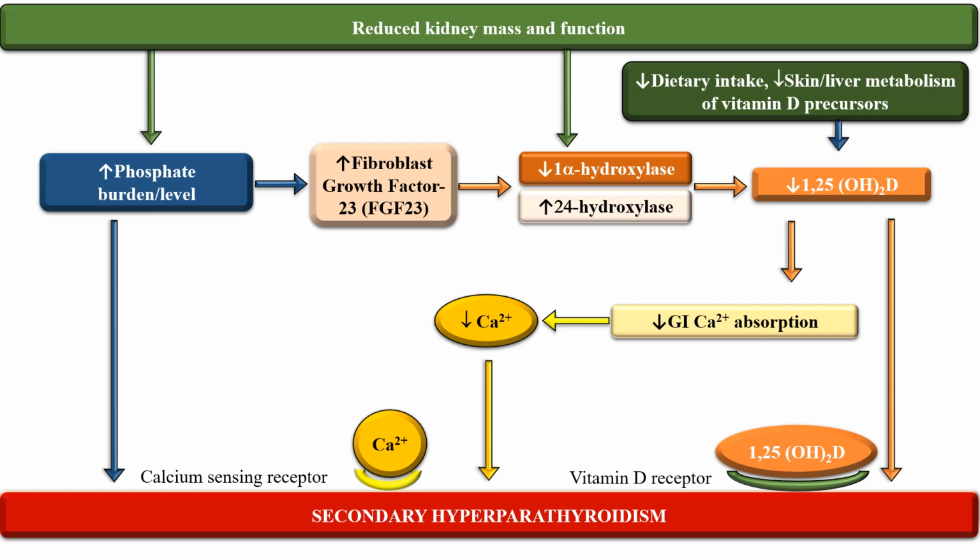Finally, in the uremic milieu, parathyroid glands have been shown to have reduced expressions of both calcium sensing and vitamin D receptors and reduced ligand binding affinity to recognize negative feedback from calcium and vitamin D respectively, thereby allowing for uninhibited proliferation of parathyroid glands.